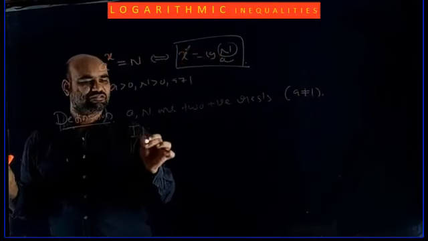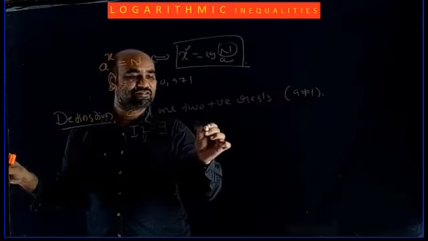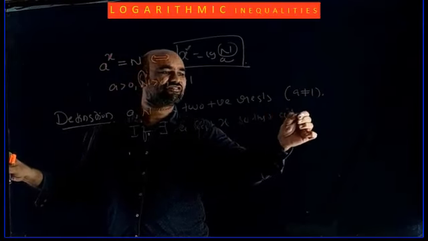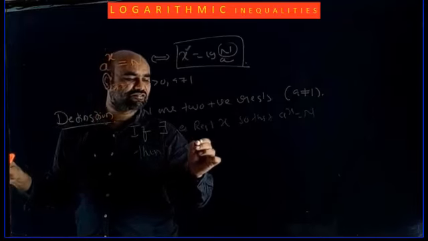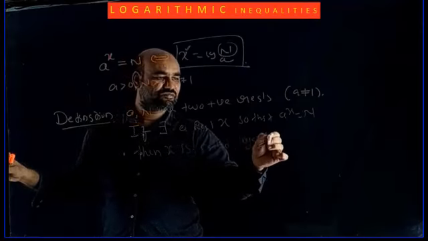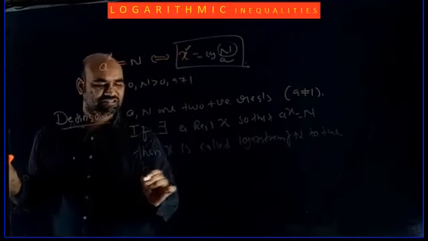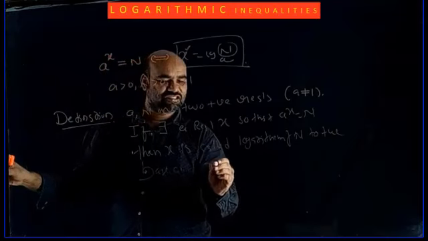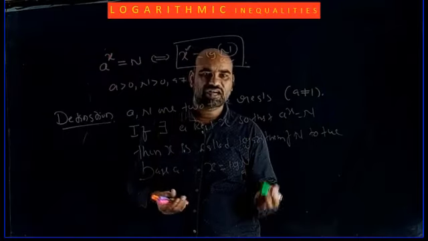If there exists a real x, so that a power x is equal to n, then x is called logarithm of n to the base a. This is written symbolically as x equal to log n to the base a. a is any positive number not equal to 1.